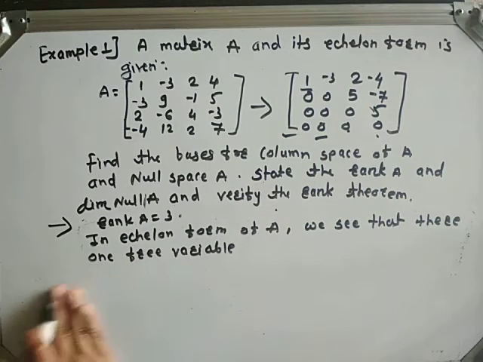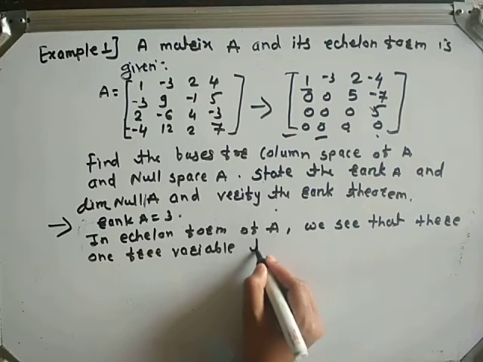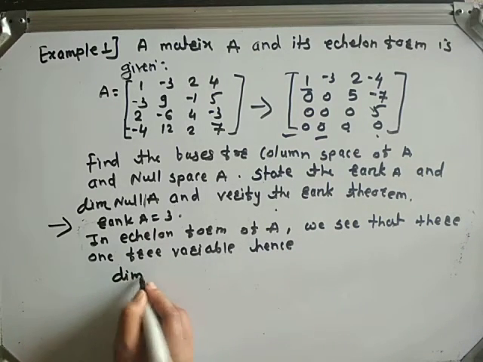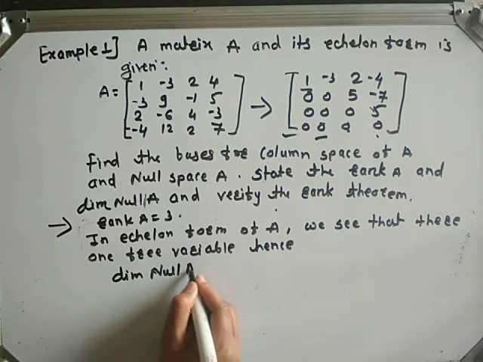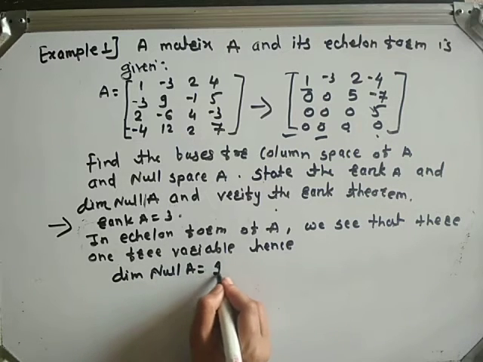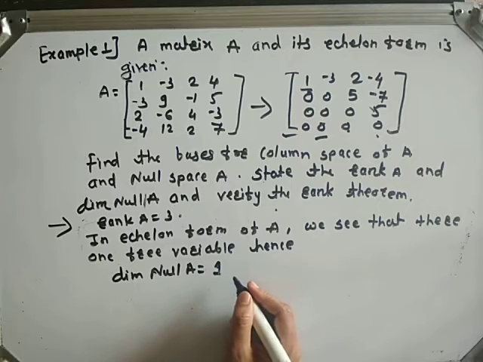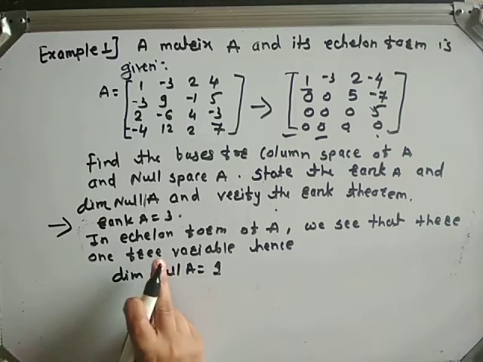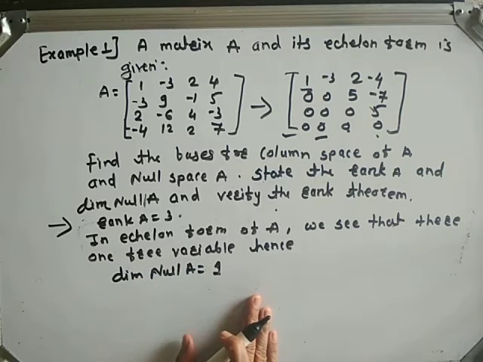Therefore, x2 is a free variable. Hence dimension of null space of A is equal to 1, because we have seen that dimension of null space of A is nothing but the number of free variables.